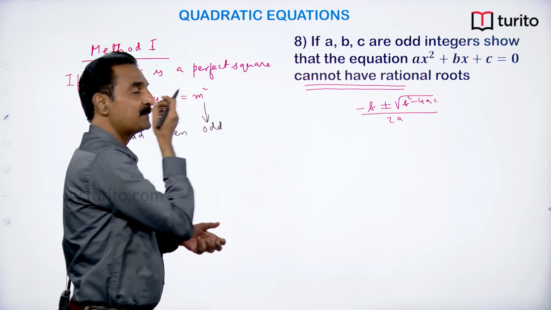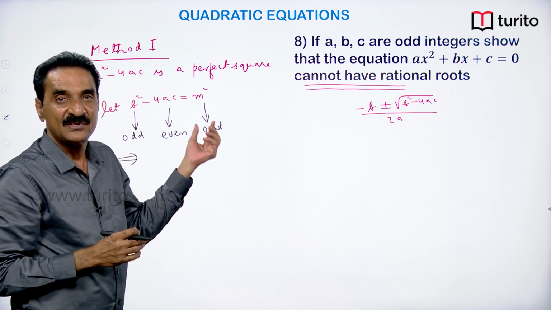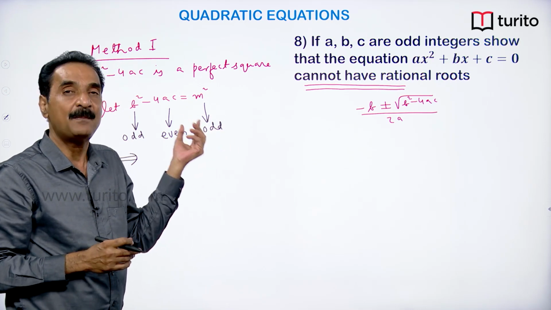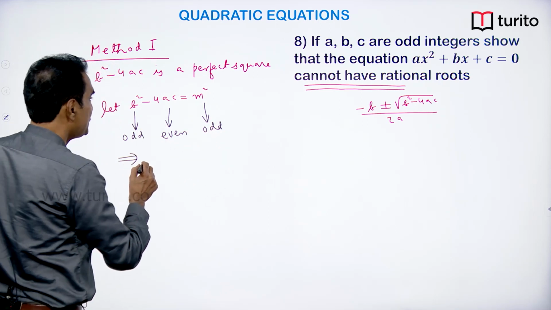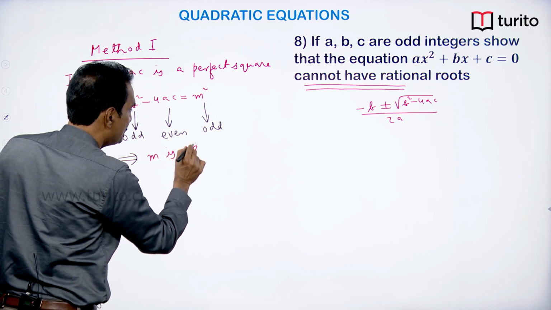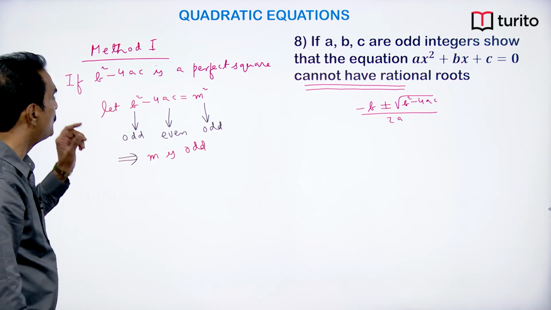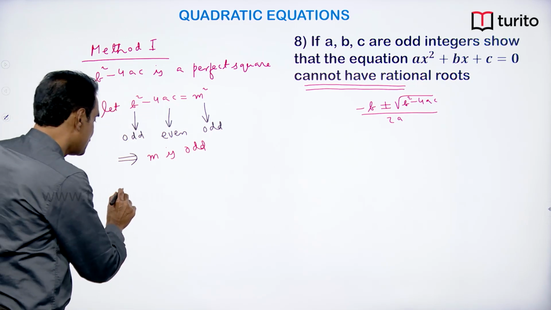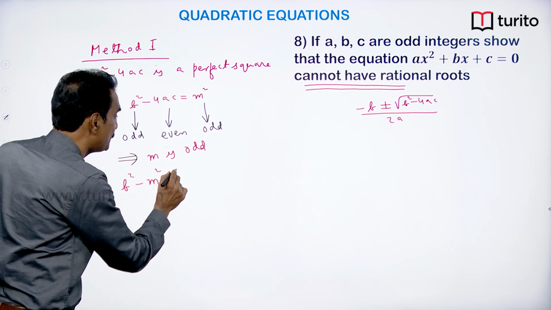If m square is a perfect square and m is a rational number, since m square is an integer, m must be an integer and it must be an odd integer. So, we get m is odd. Okay. Now, I will write this equation as b square minus m square is equal to 4ac.